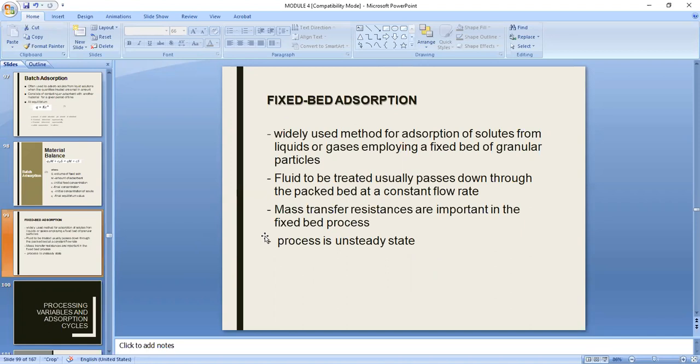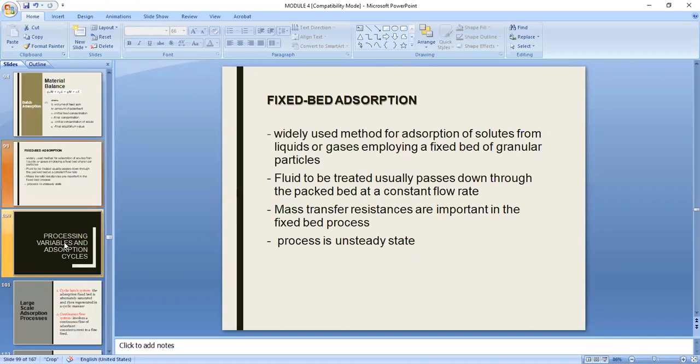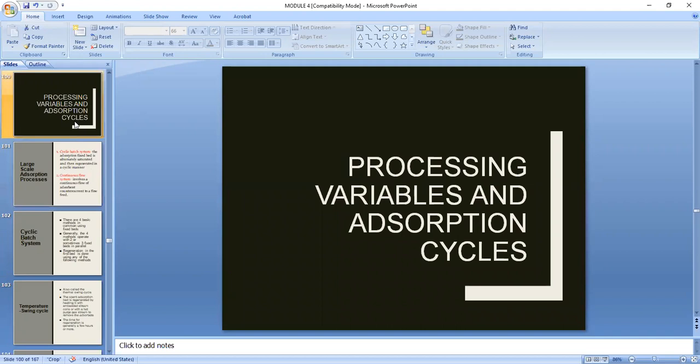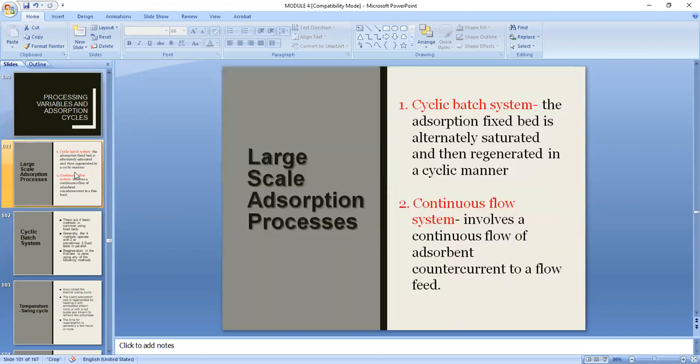Now, associated with this adsorption class are the adsorption cycles, and you need to be acquainted with these adsorption cycles. So it's with the processing variables. For large-scale adsorption processes, if we have the cyclic batch system, the adsorption fixed bed is alternately saturated and then regenerated in a cyclic manner.